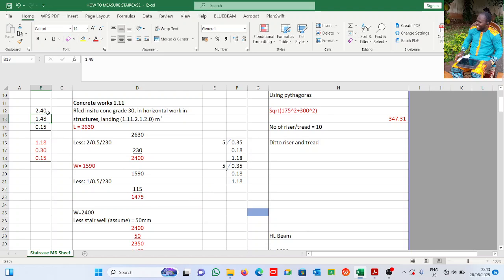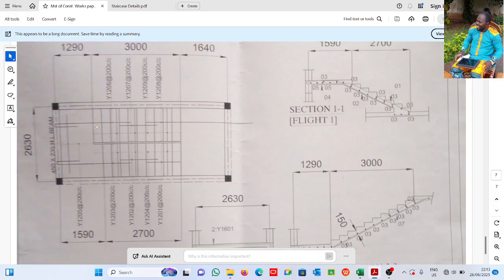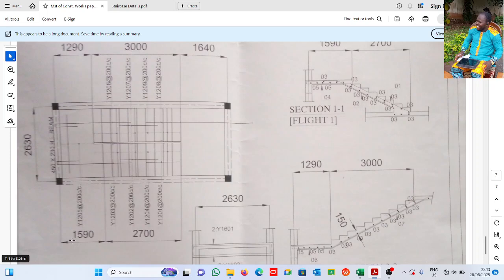So the length is 2.4, the width is 1.48, the thickness of the concrete is 0.15. I'm done with that. I have measured it. But like I explained, if you come here, see I captured this together with it because this 1.5, see my cursor here, 1.5. See the dimension line here.